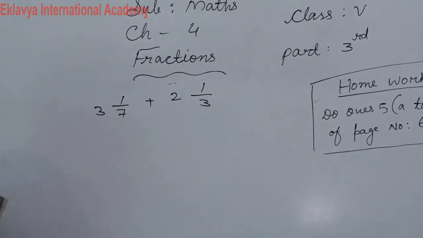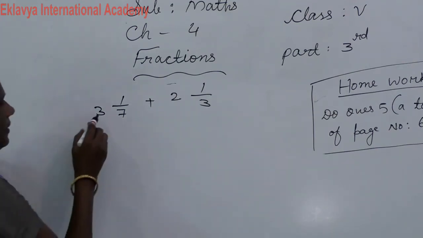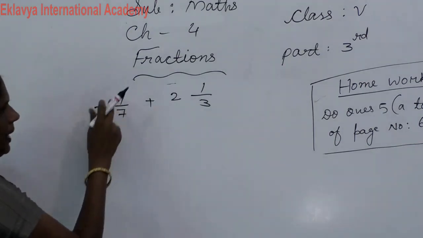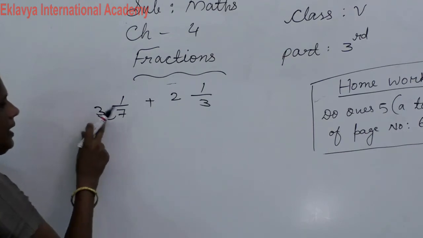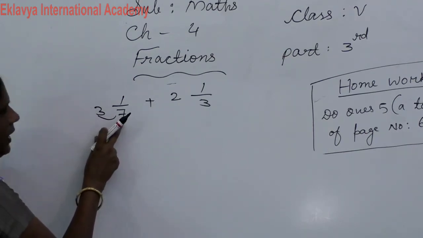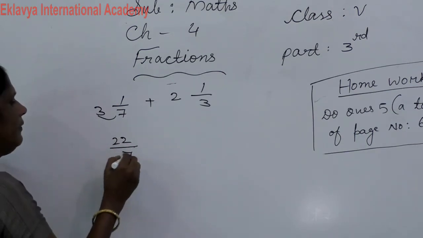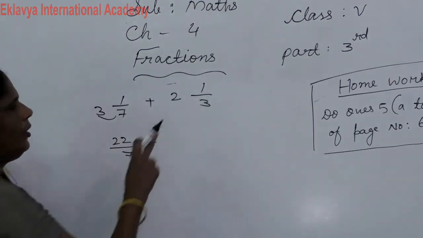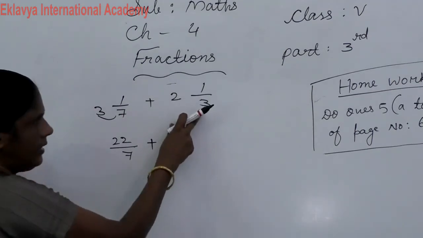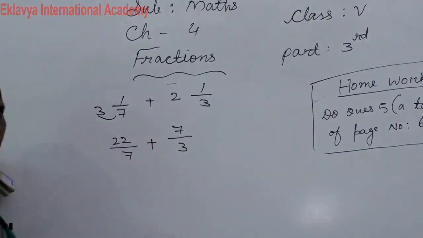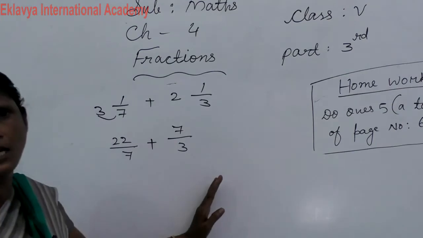Whole number multiply denominator plus numerator. This 3 sevens are 21, 21 plus 1 is 22 upon 7. Plus 2 threes are 6, 6 plus 1 is 7, 7 upon 3.